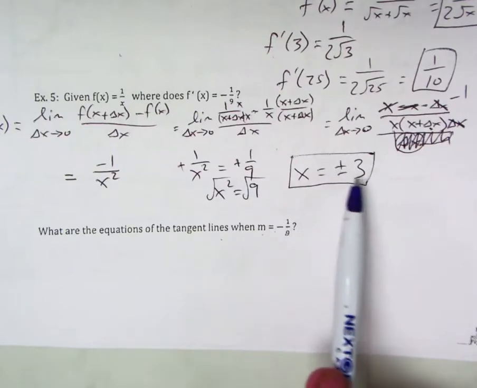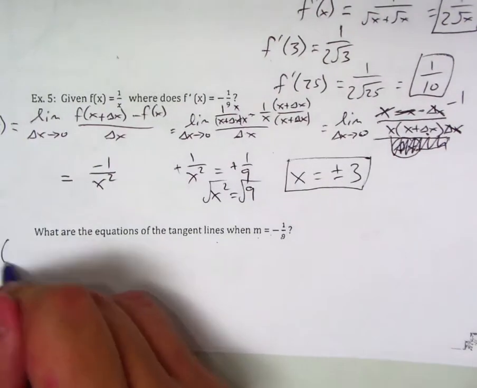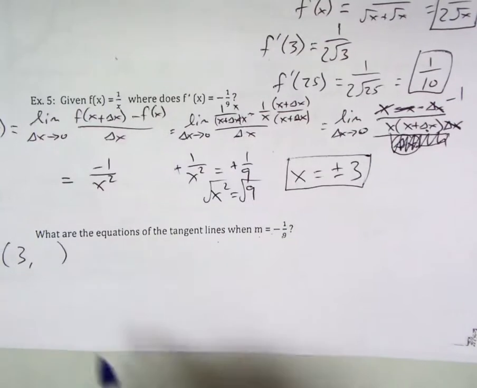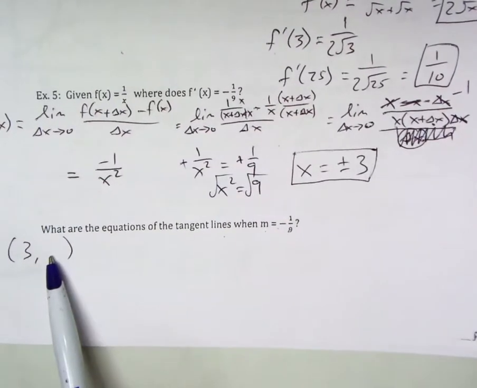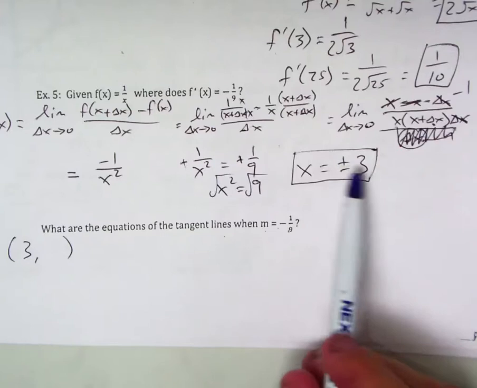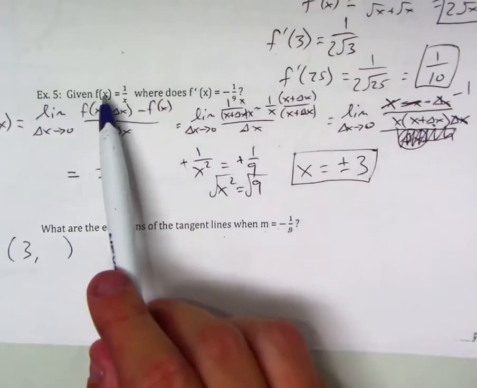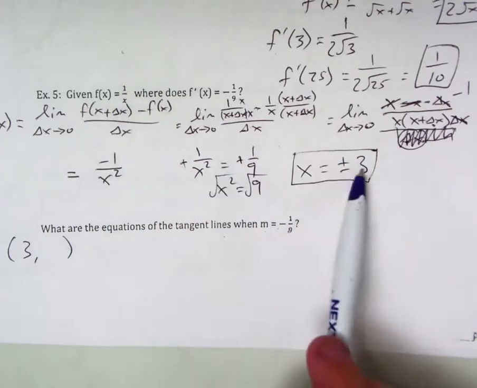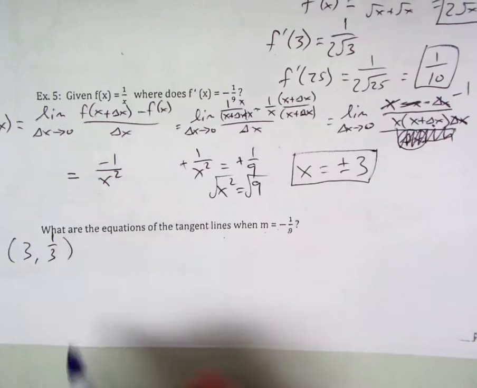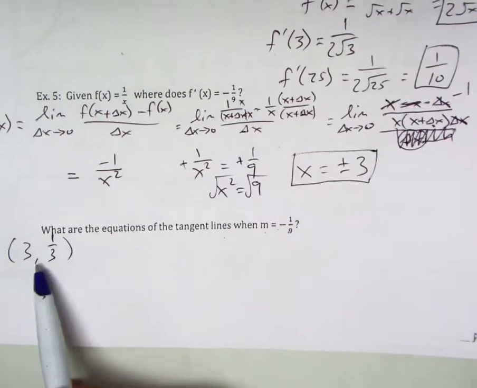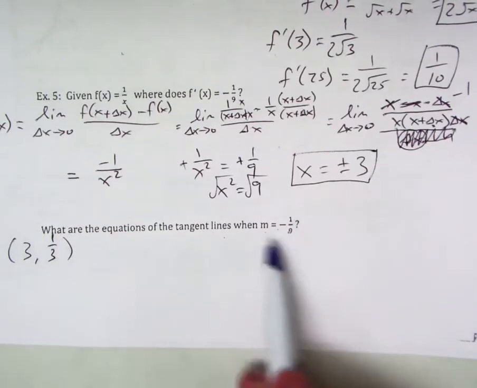We know one point has an x value of 3. But we need the y value associated with 3. So think about how you find y values at x values. You take the x value, plug it into the actual function, not the derivative, but the actual function. So 1/3. So that means at 3 comma 1/3, the slope's negative 1/9.